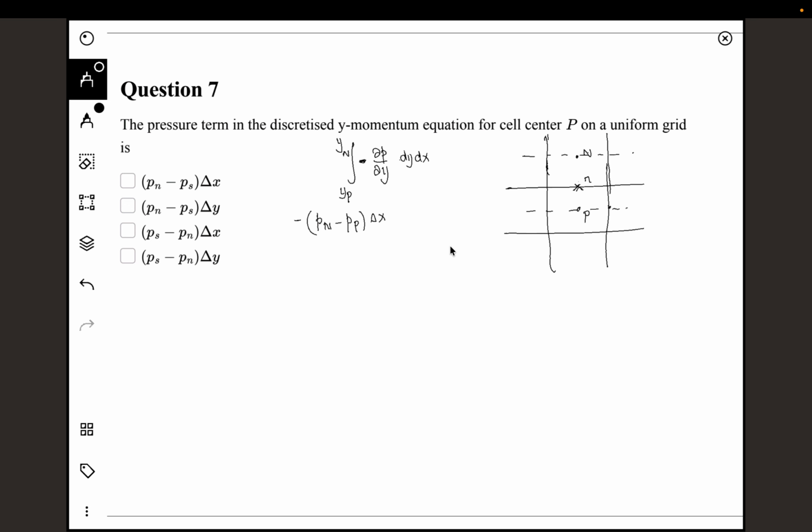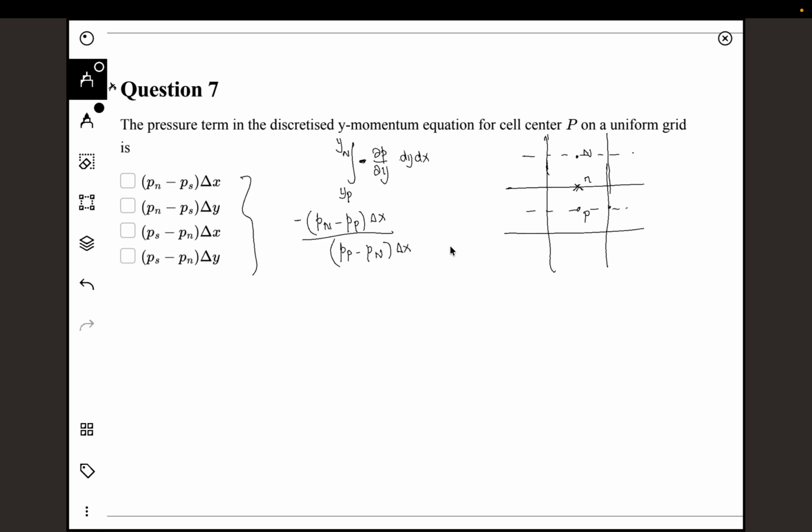I think something is off here. Okay, none of the options are correct. So I'll get back to you again. I think there is some typo or something. I'll update it once I upload it to the Google Drive. Because once you do a discretization on a staggered grid, it should be something like this, which will give me pp minus pn times delta x.